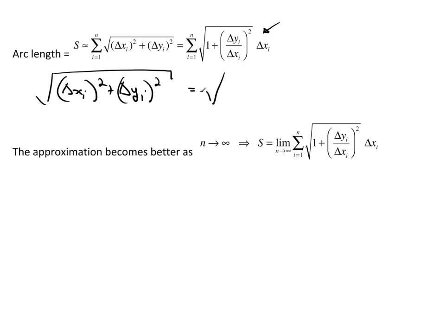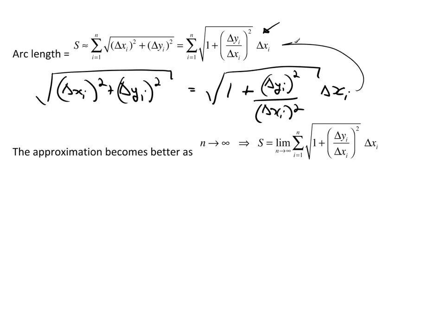And behind, I have the square root of this becoming a 1, plus, there are no delta x's here, so if I factor out delta xi squared, I have to have it in the denominator. So I'll have delta yi squared divided by delta xi squared. All that's under the radical, and I factor this guy out, so here's my delta xi sitting right there. That's where this actually came from.